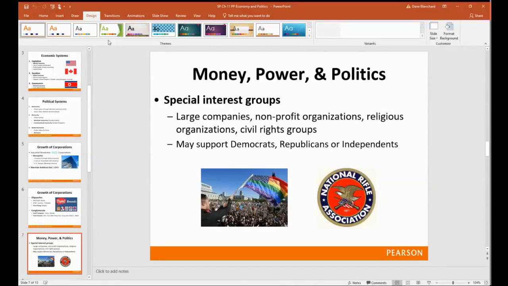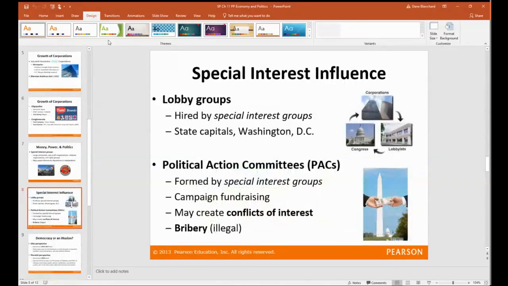So what these special interest groups do is they get involved in lobbying groups and also political action committees. This is how they influence or shape politics.